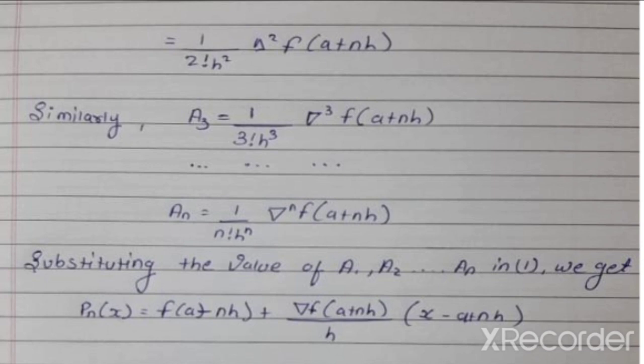Then we get Pn of x equals f of a plus nh, plus delta f of a plus nh upon h times x minus a plus nh, plus delta square f of a plus nh upon 2 factorial h square times x minus a plus nh in bracket x minus a plus nh minus h, and so on, plus delta n f of a plus nh upon n factorial h to the n times x minus a plus nh in bracket x minus a plus nh minus h, up to bracket x minus a plus h.